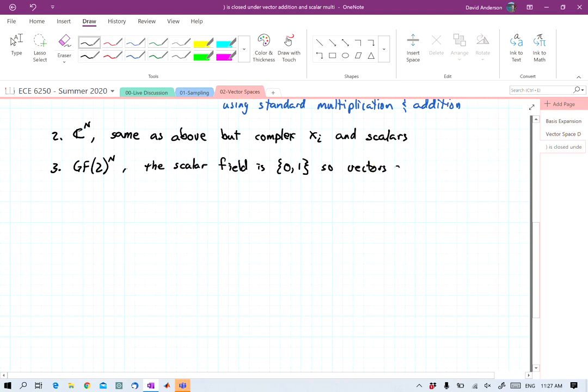So vectors are lists of n bits. So how does this work? Addition would have to be, we have to define that, and it's going to be different now. Addition is modulo 2. So 0 plus 0 is equal to 0, 0 plus 1 is equal to 1, 1 plus 1 is now equal to 0, and this middle one is the same as 1 plus 0. So there we go.